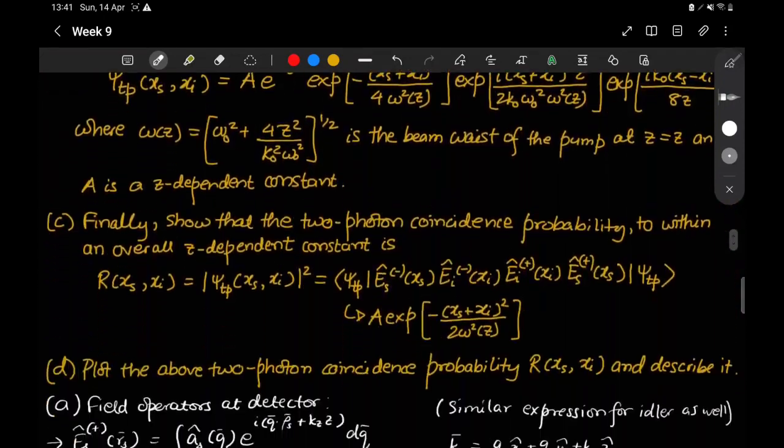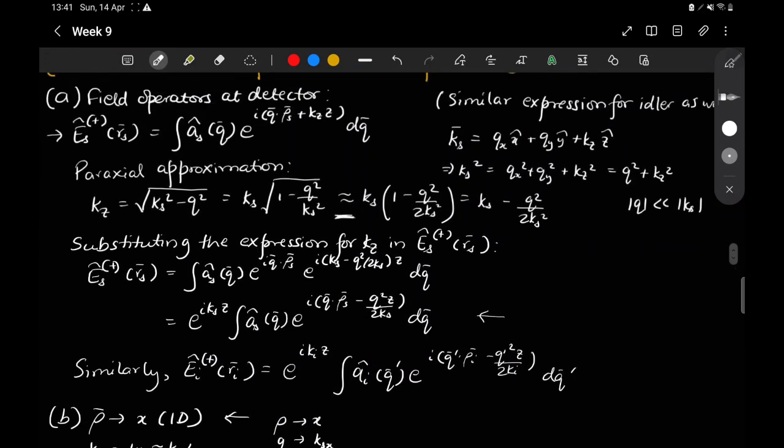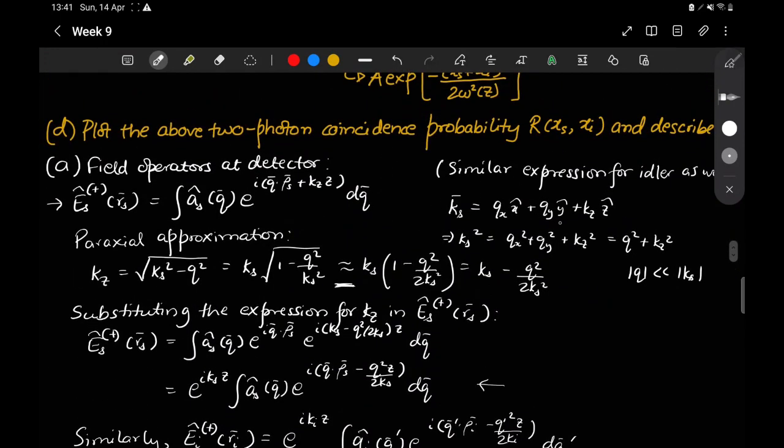Q, of course, because this k has xy components and then the z component. So 1D would mean that out of this x and y, we just pick up this x component.